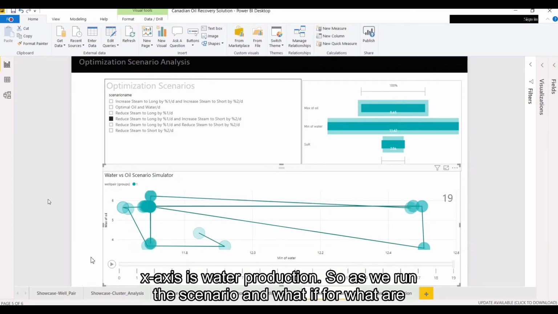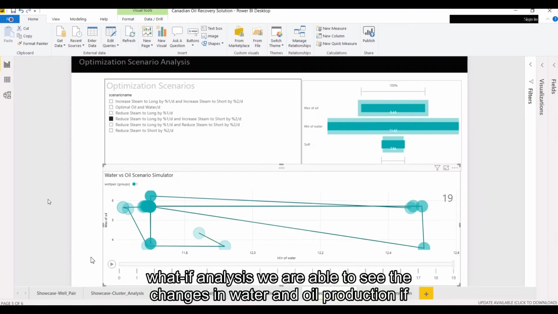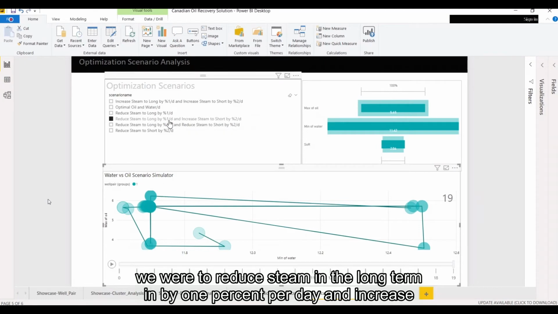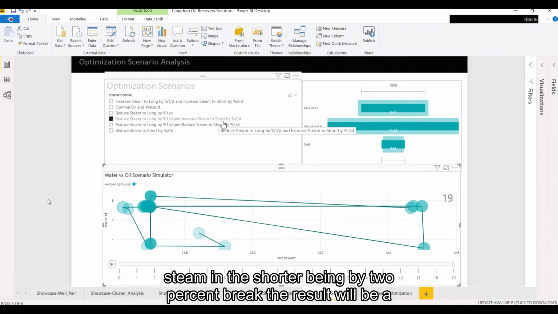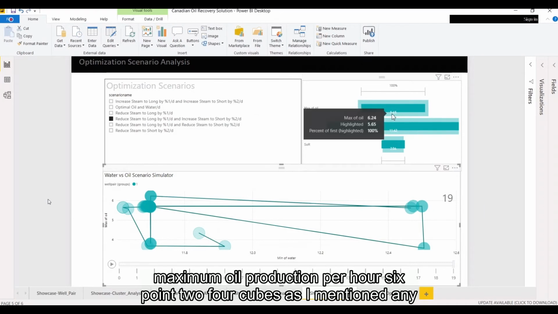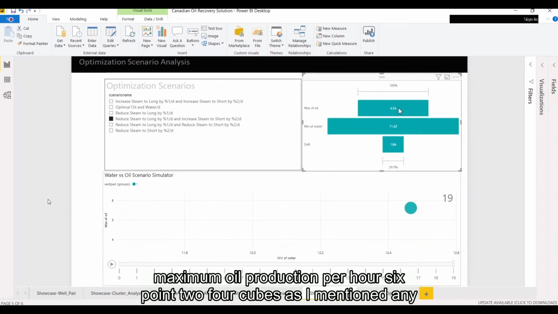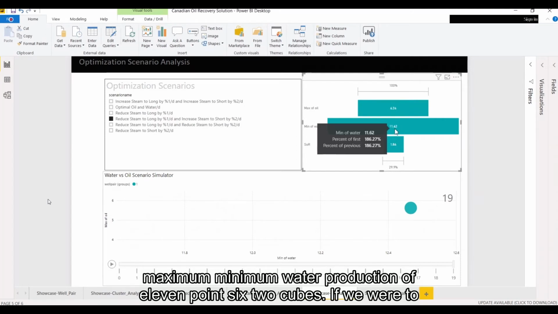So as we run this scenario in a what-if analysis, we are able to see the changes in water and oil production if we were to reduce steam in the long tubing by 1% per day and increase steam in the short tubing by 2% per day. The result will be a maximum oil production per hour of 6.24 cubes, as I mentioned, and a minimum water production of 11.62 cubes.